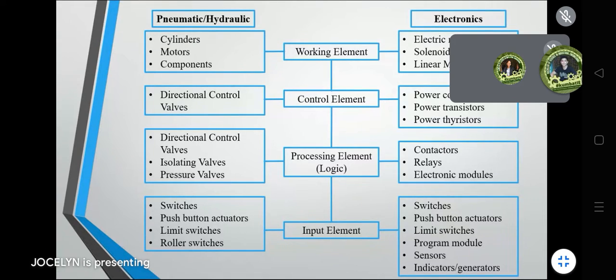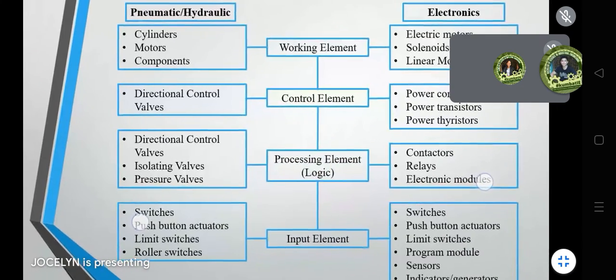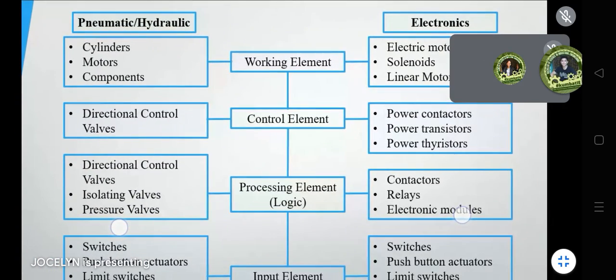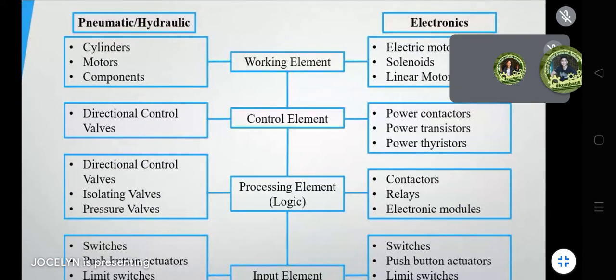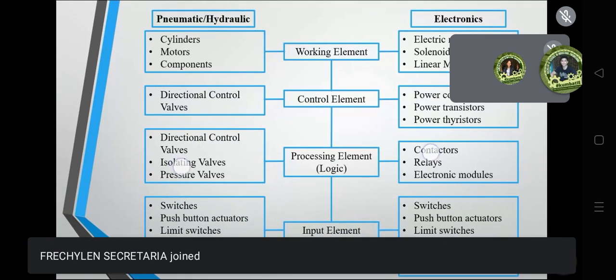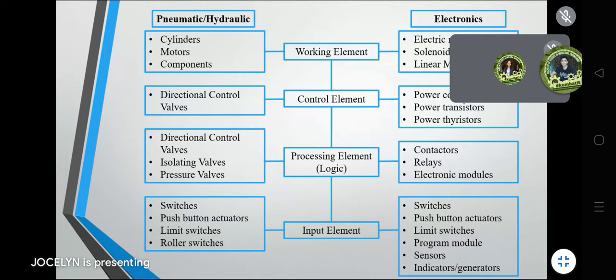You can have either air for pneumatics, water for hydraulics, and this is electronics. These are the electrical components on the right side, and if you face it on the left side, these are the components that we will be using in terms of hydraulics or pneumatics. Now, let's start first with the working element.